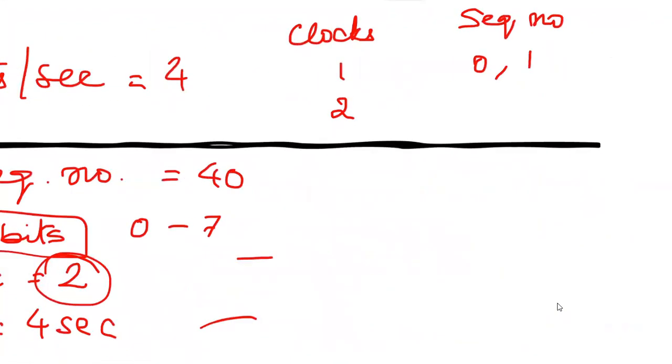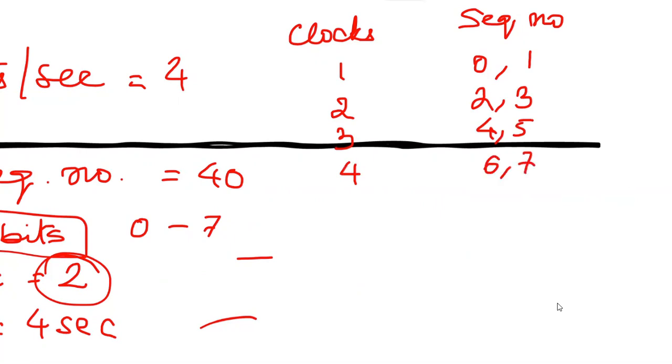So in clock tick 1, I have sent 0 and 1. In clock tick 2, I'm sending 2 and 3. These are the sequence numbers. In clock tick 3, I'm sending 4 and 5. In 4, I'm sending 6 and 7.